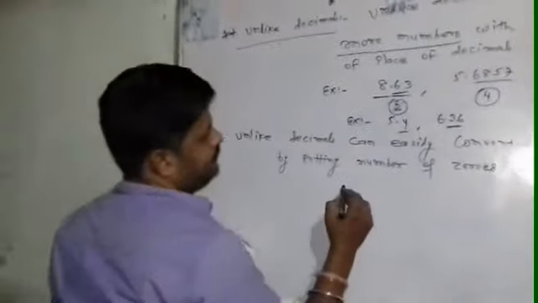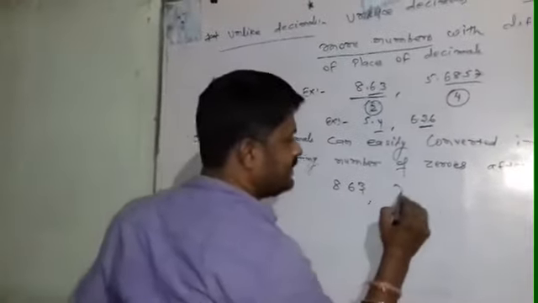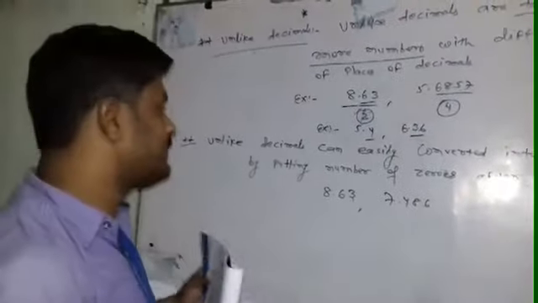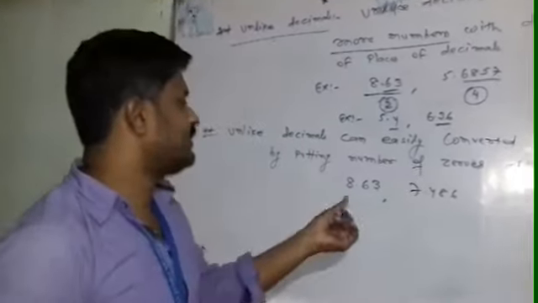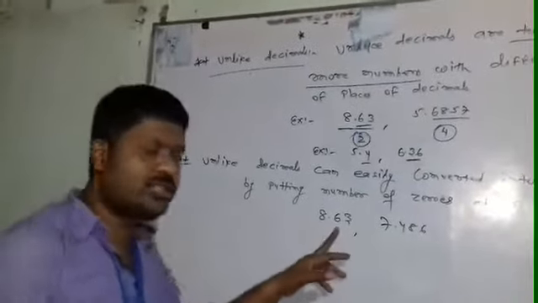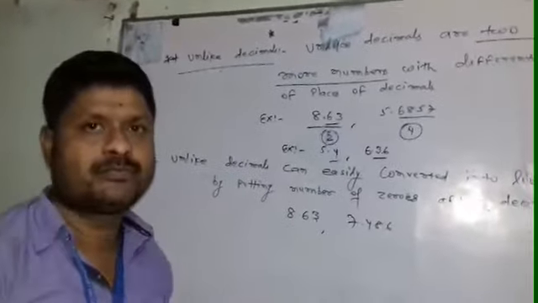Suppose 8.63 and the second number is 7.486. These are unlike decimals, because here two digits exist after the decimal but here three digits exist.